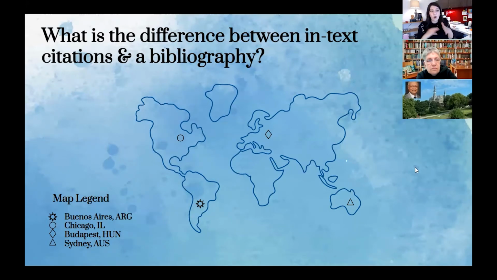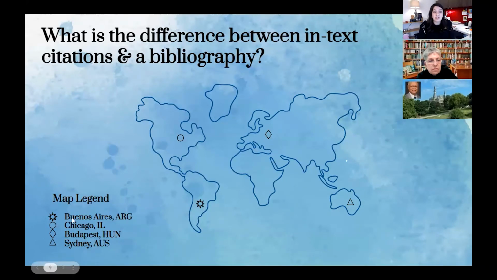Now, one without the other is meaningless, right? We can't just have a map legend with no map. That would be crazy, right? We'd be like, okay, but what is this pointing to and where can I find these things? And we can't have a map with symbols on it without knowing what those symbols mean. That's also meaningless, right? So we have to have both in order for either of them to make sense.